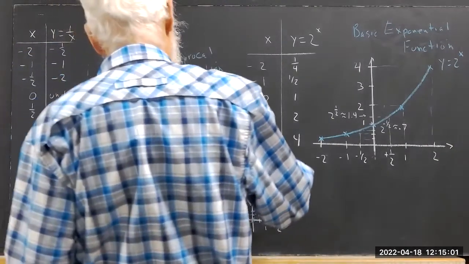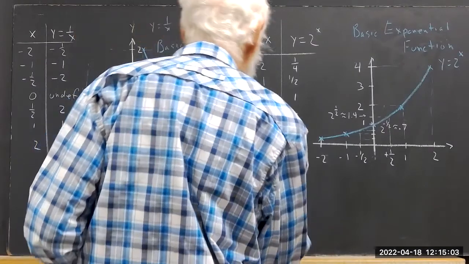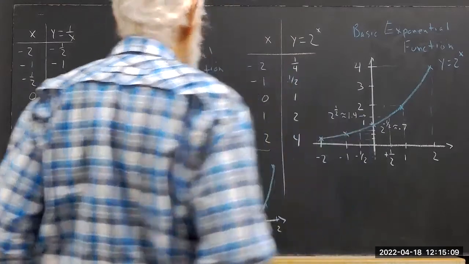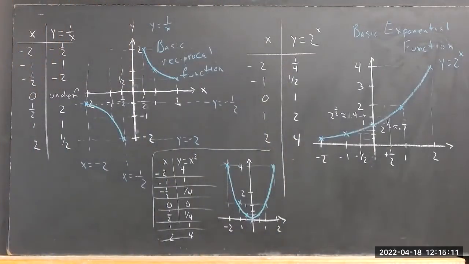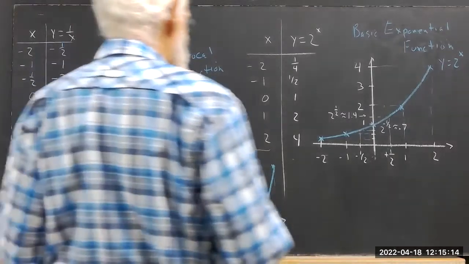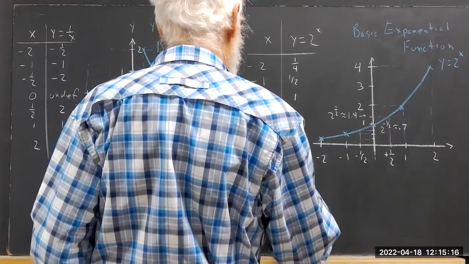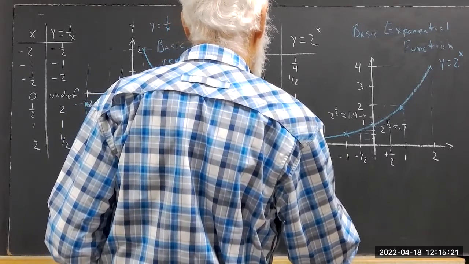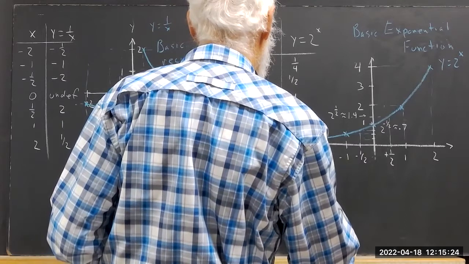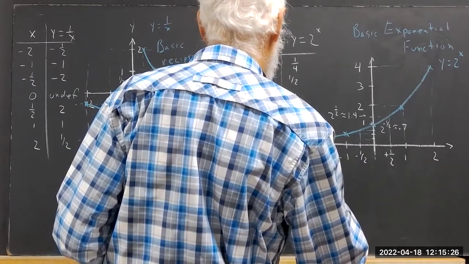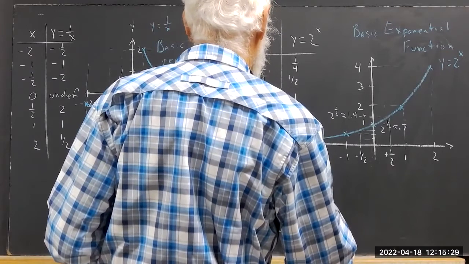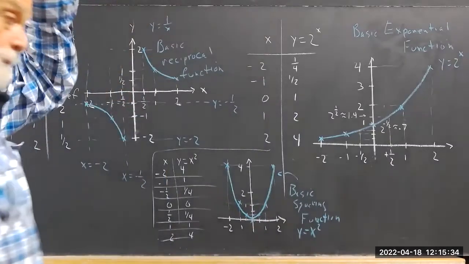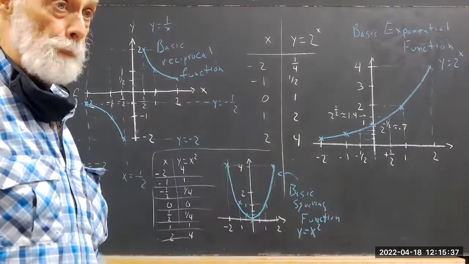And this graph has a shape much like this. Okay, and this is your basic squaring function, y equals x squared. Called a parabola.